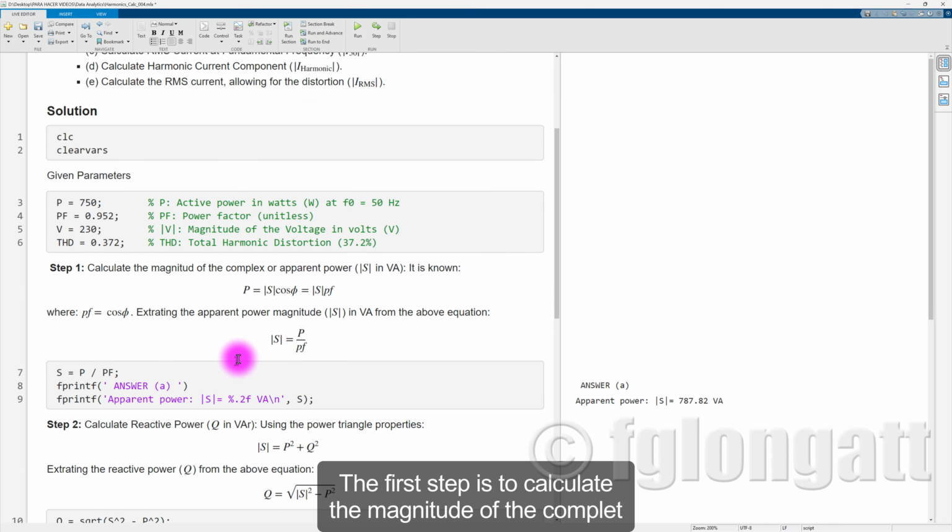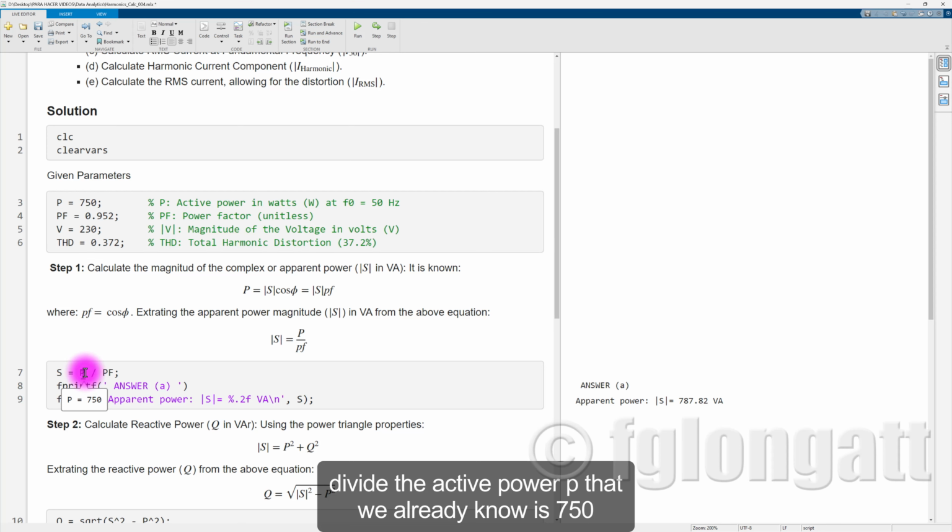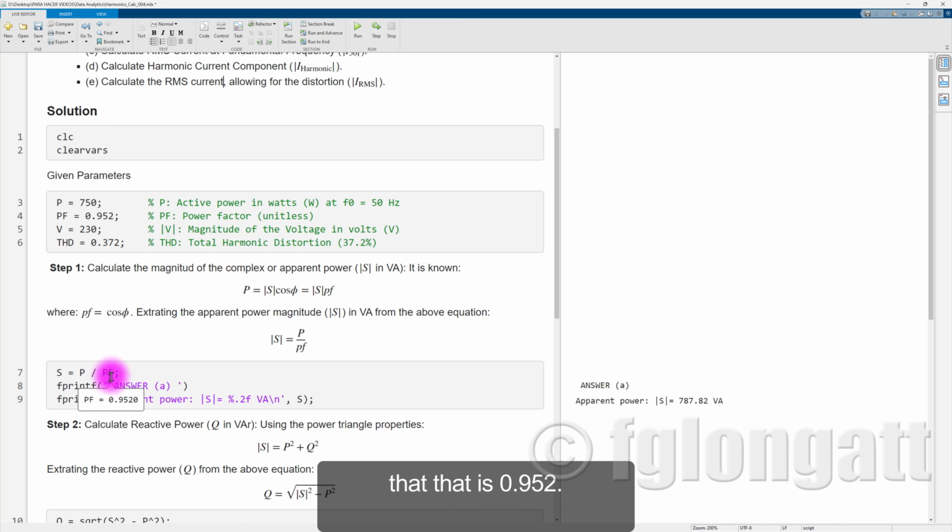Perfect. The first step is to calculate the magnitude of the complex or apparent power. To do that is very, very simple. We can divide the active power P, that we already know is 750 watts, by the power factor at 50 hertz, and we already know that that is 0.952.